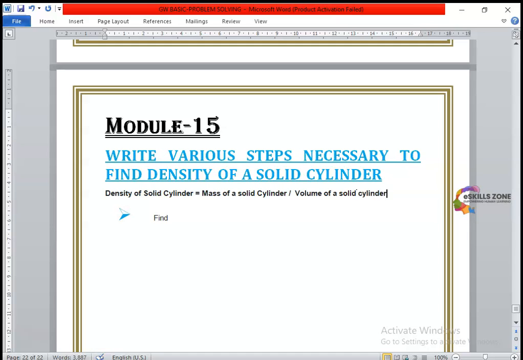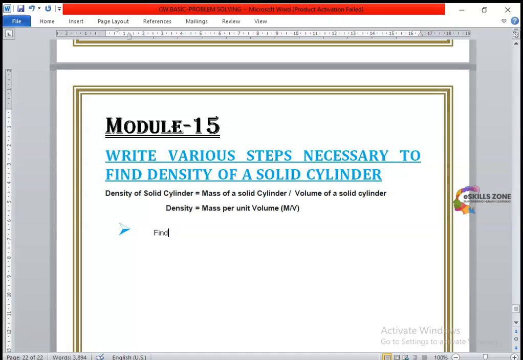Density is defined as mass per unit volume, or in other words, m over v, where m stands for mass and v stands for volume. This is the basic definition of density, which we are going to calculate by writing the necessary steps.